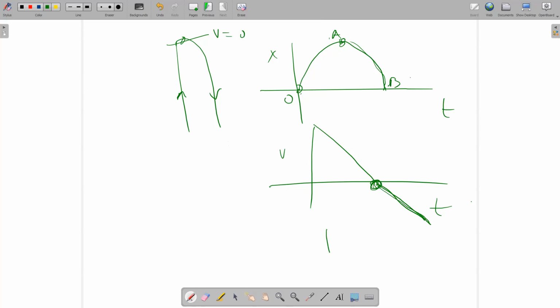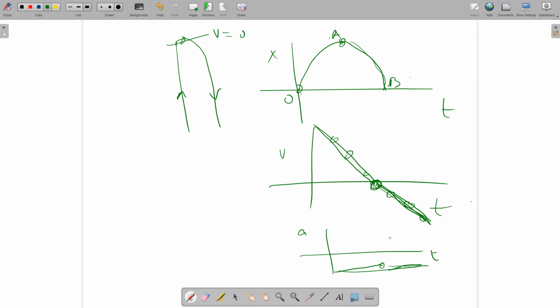So if you want to draw the AT graph, what will be the AT graph of this one? It is negative. It is here. What will be the AT graph of this line? It will be the same as this one. You can take the values and find, then you can see that the line will be here or here.